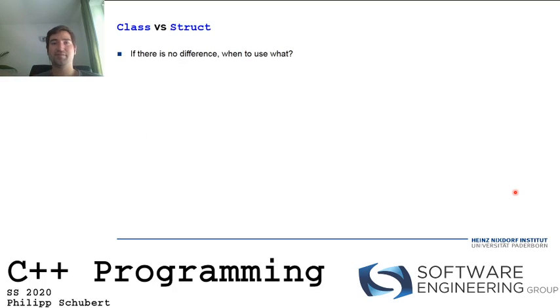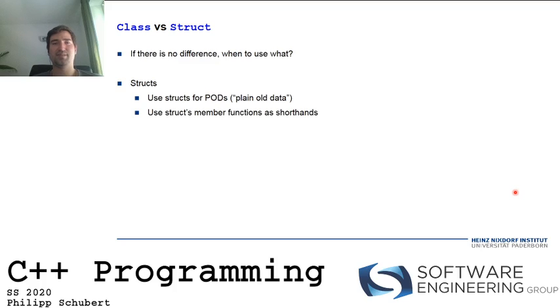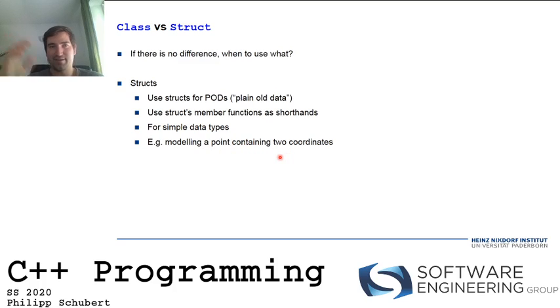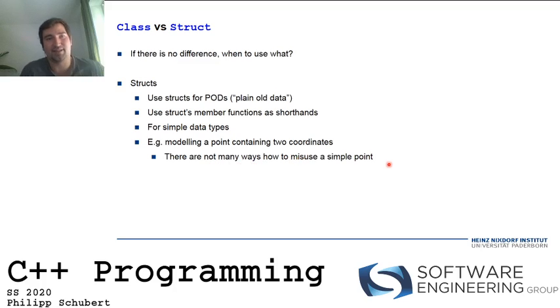So there's no difference in when to use what, and I kind of mentioned it already, at least implicitly. The idea really is please use structs if you have to store some things like plain old data types, very simple types, and use the member functions only as shorthands, again for simple data types. For instance, if you need to model a point from mathematics, some point data type which stores 2 coordinates, there are not many ways to misuse a simple point containing 2 coordinates.